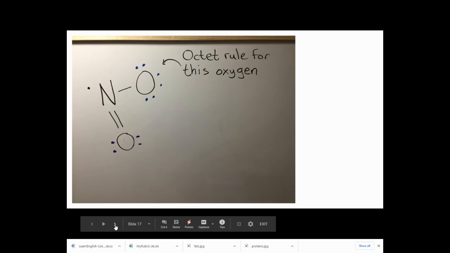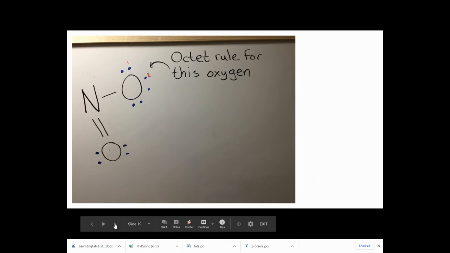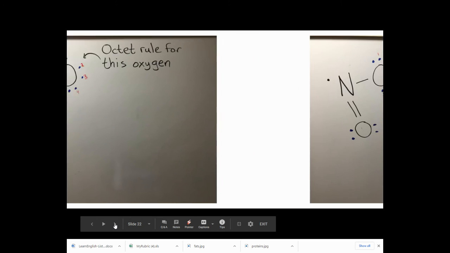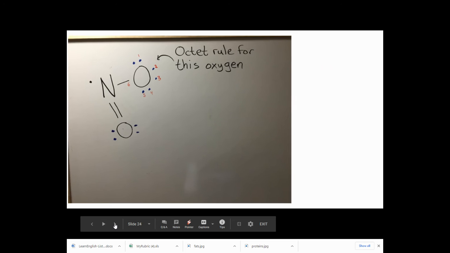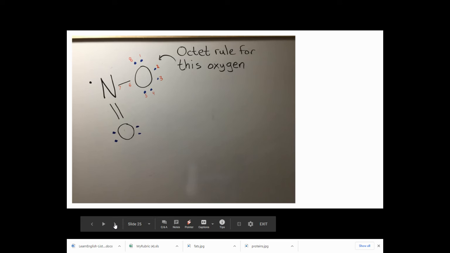Now, what about the one on top? The octet rule for this oxygen over here. So let us count the electrons. 1, 2, 3, 4, 5, 6, 7, 8. So this oxygen fulfills the octet rule.